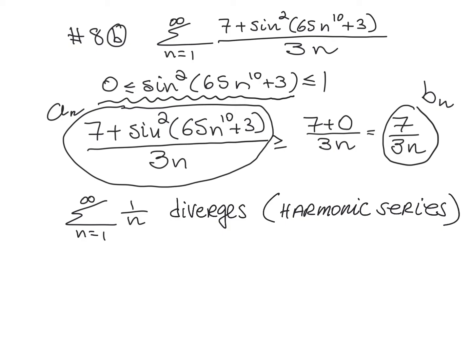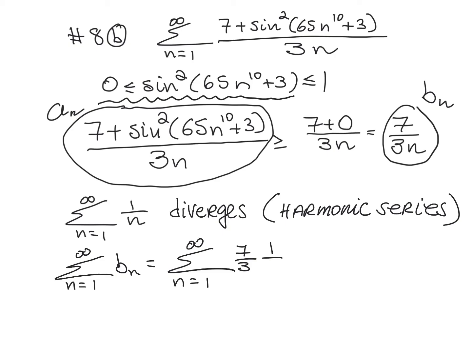If we multiply that by 7/3, that will not change the fact that the series diverges. It still diverges. So our b sub n series is just 7/3 times the harmonic series, summation from 1 to infinity, 7/3 times 1 over n. b sub n diverges. And that's really all we need.